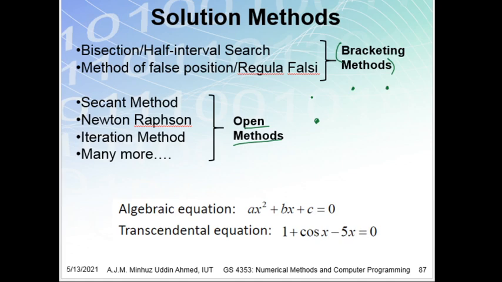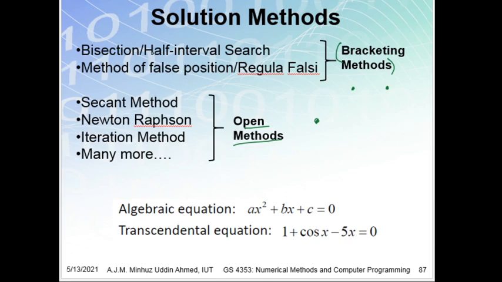We don't need to cordon off the root or predict the range it lies within from the very first iteration. This is the main difference between bracketing methods and open methods, and the examples are given here.